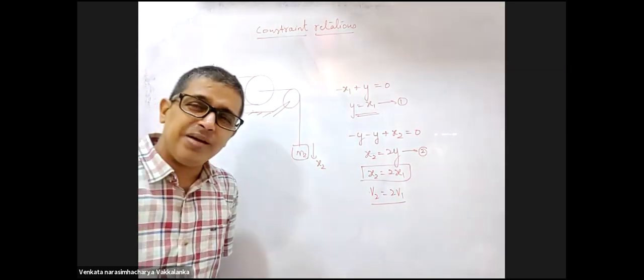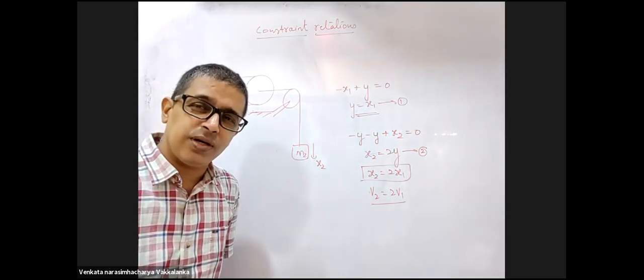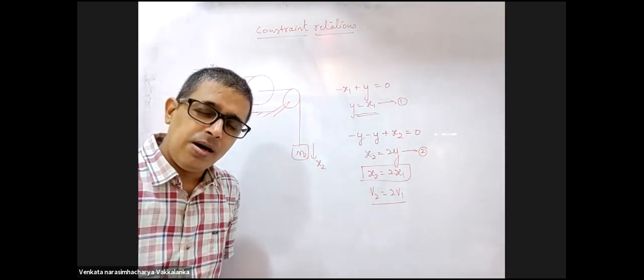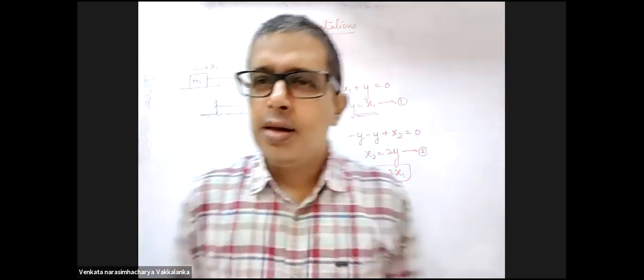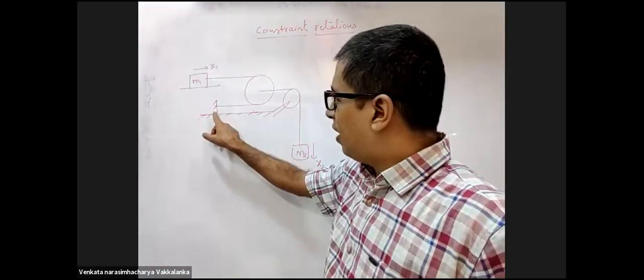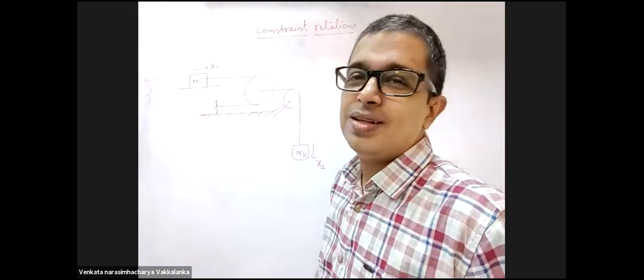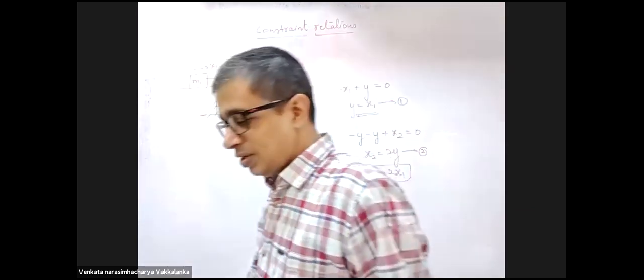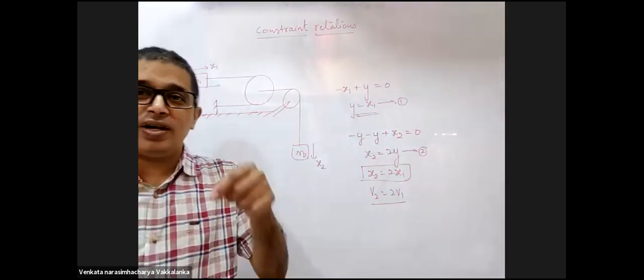You can obviously make a guess what the next question would be. Sir, one more pulley? Both pulleys are fixed. No, another. I'll remove this fixed pulley and put M3 here. That will also be moving. That is the next question. Then I'll ask you the relation between x1, x2, x3.